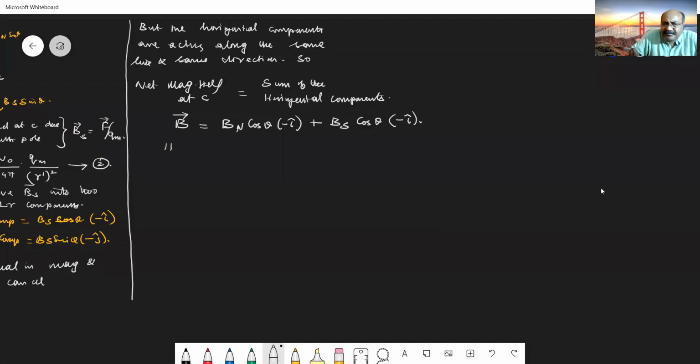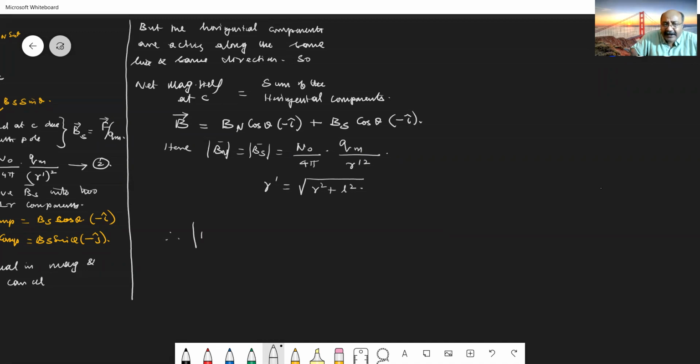Here we can write Bn is equal to Bs. The magnitude of Bn vector and the magnitude of Bs vector are equal. What is its value? Mu 0 divided by 4 pi into Qm by R dash square. What is this R dash? R dash is equal to root of R square plus L square.